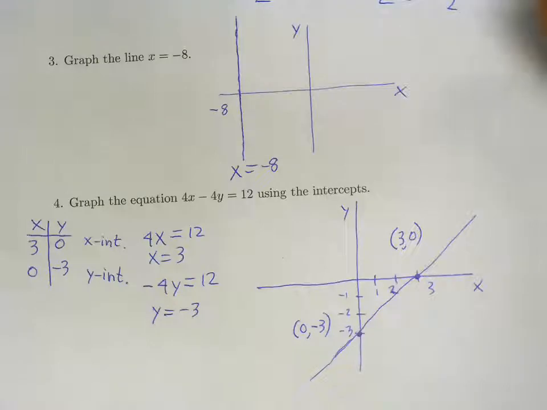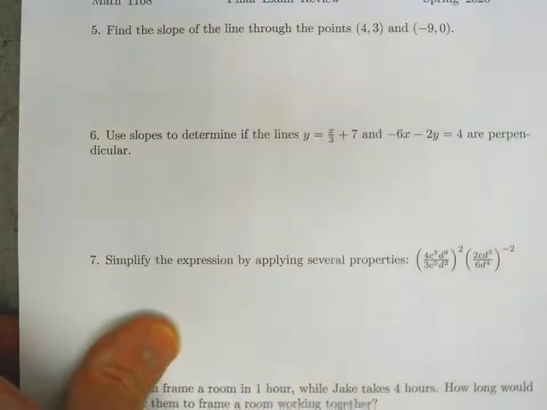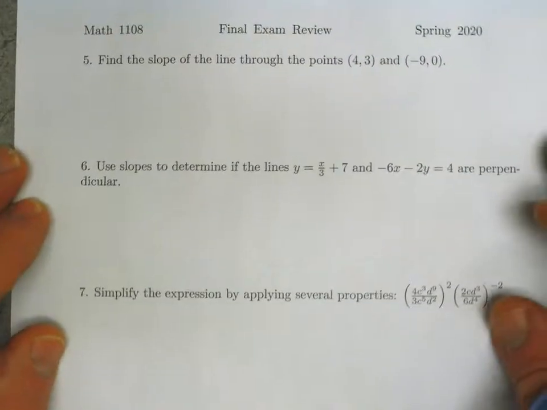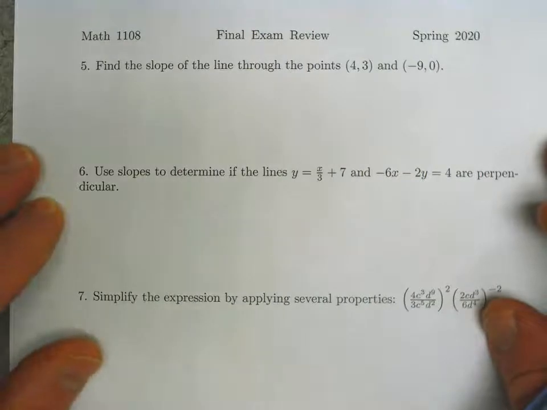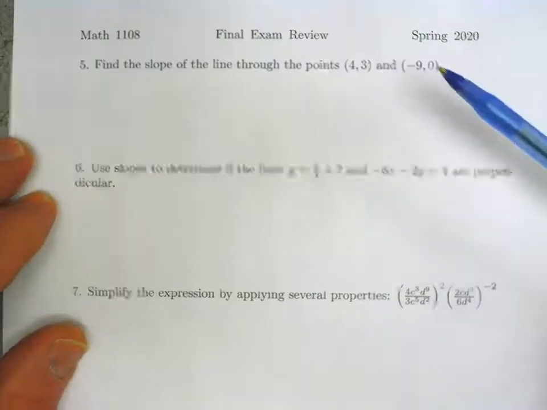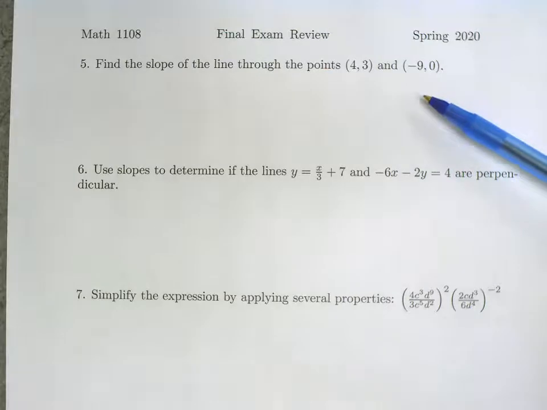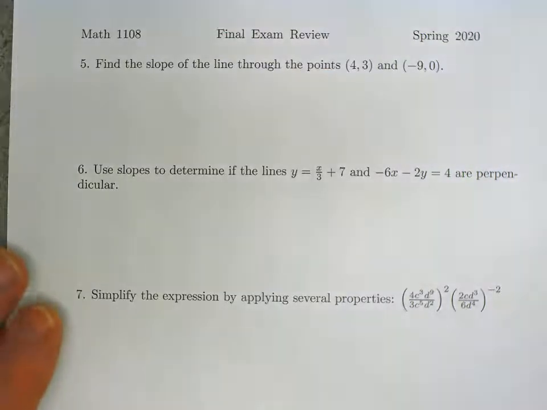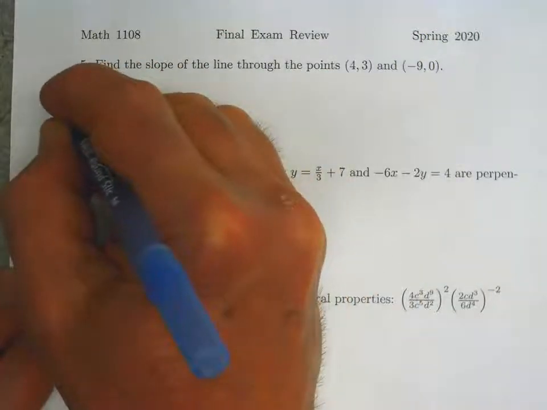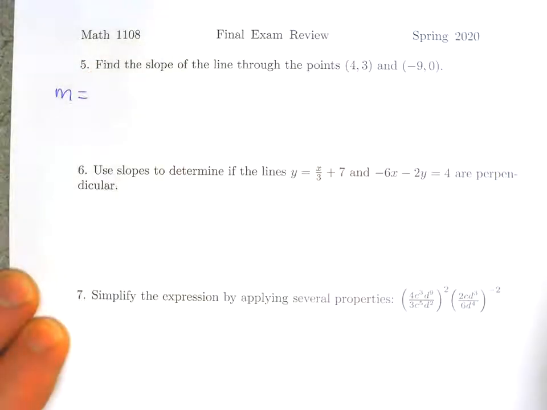Okay, on the next page, problem 5: find the slope of the line that passes through the points (4, 3) and (negative 9, 0). So I'll remind you of the slope formula, the slope of a line m.